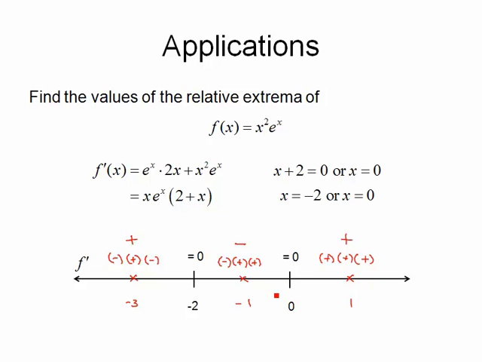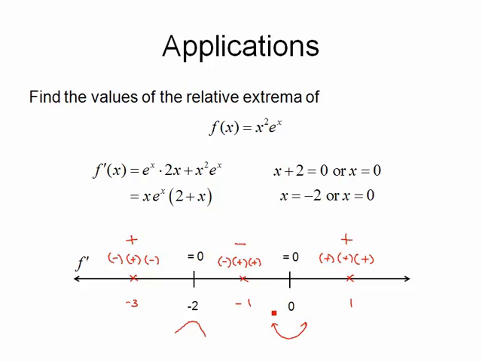So looking at my number line, I had positive, which meant we were increasing, and then negative, so decreasing. So I have a relative maximum at negative 2. I went from negative derivatives to positive, so that means I had a relative minimum at 0.